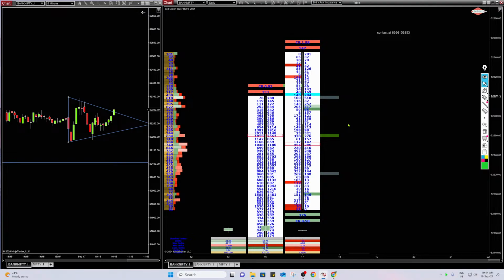Once this candle closes, we will get to know what is happening. One more minute for the candle to close.